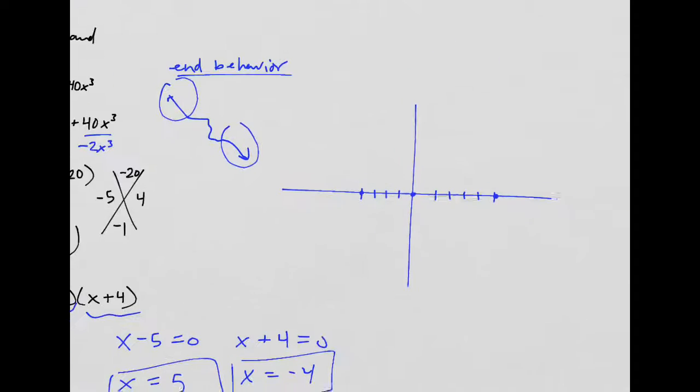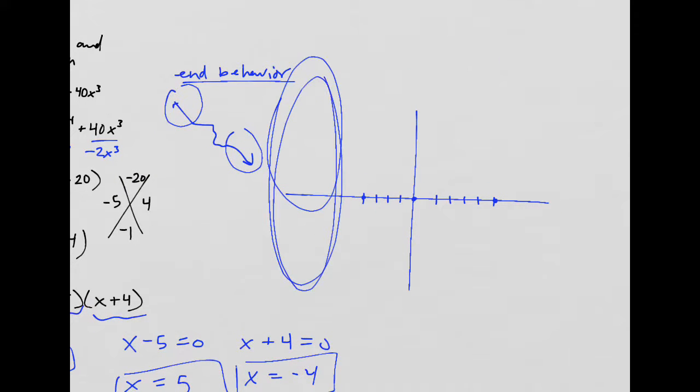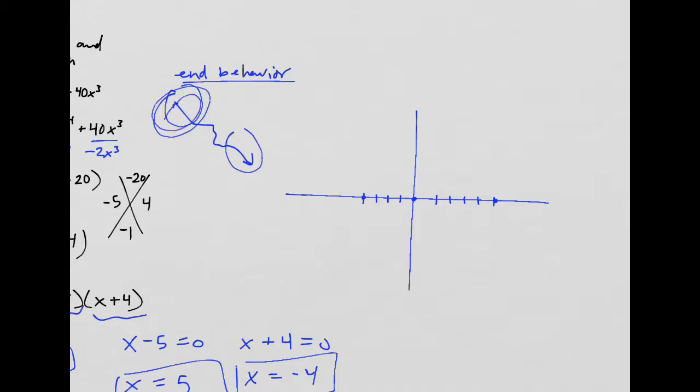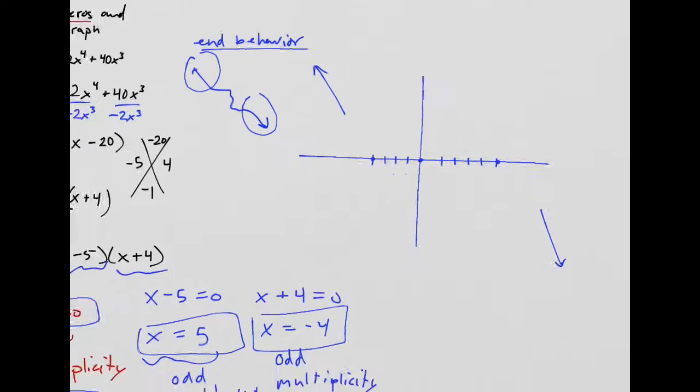And x equals negative 4, 1, 2, 3, 4. That also happens once. Now, on the left side of my graph, I have to be coming from way up there, right? I'm going to positive infinity. And on the right side of my graph, I have to go down here. Okay, something like that. So that's my end behavior.